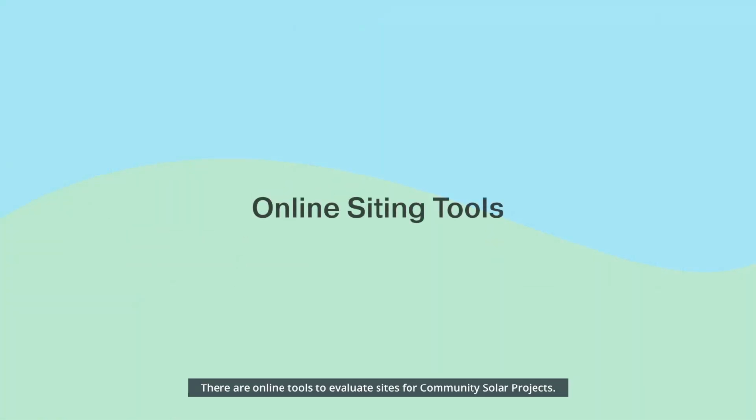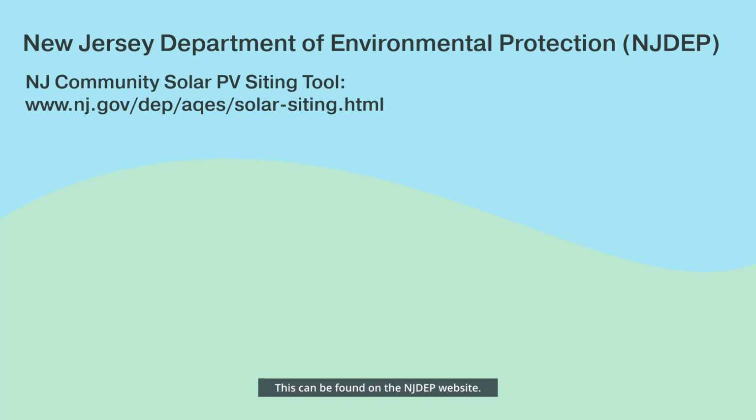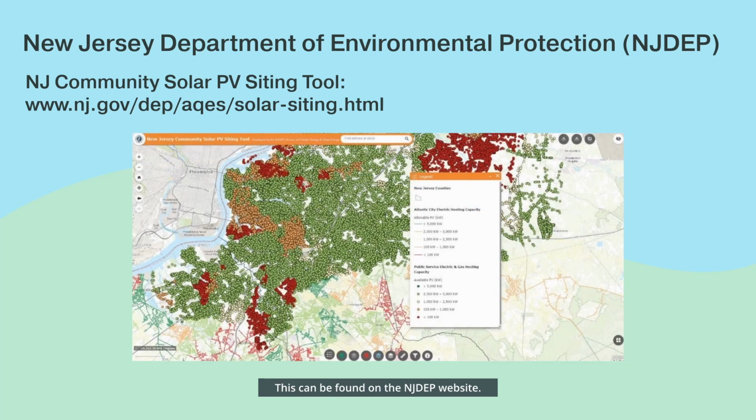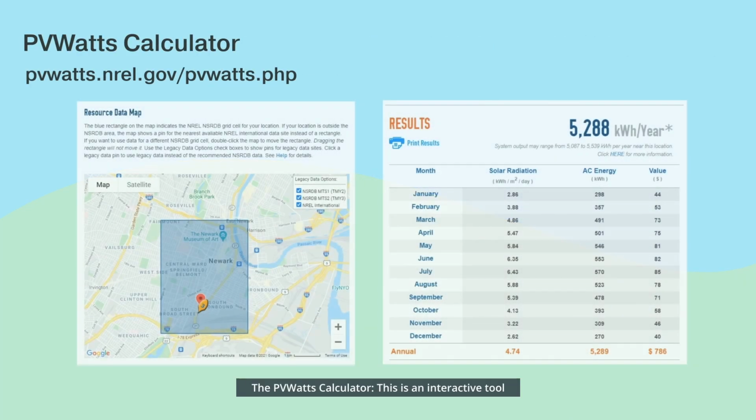There are online tools to evaluate sites for community solar projects. The New Jersey Department of Environmental Protection has a community solar PV siting tool. This can be found on the New Jersey DEP website. The New Jersey DEP Community Solar PV Siting Tool can show the estimated interconnection capacity of a site. The PVWatts Calculator is an interactive tool created by the U.S. Department of Energy.